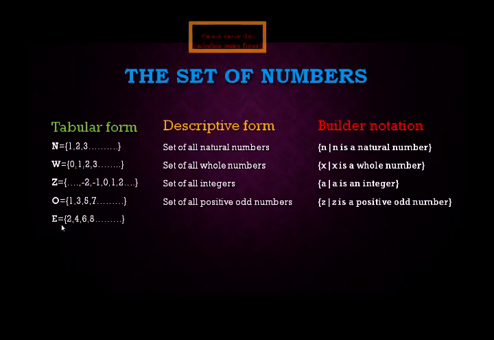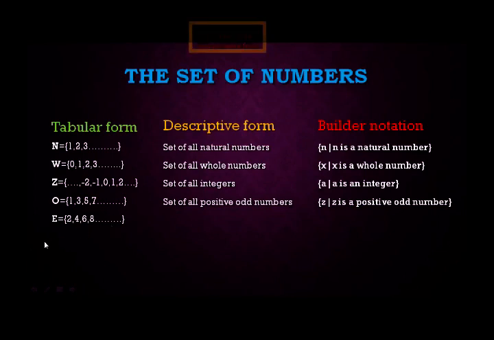Now, E equals to {2, 4, 6, 8}. E represents even numbers. Even numbers are the opposite of odd numbers. Odd numbers are not divisible by 2, but even numbers are divisible by 2. Like 2, 4, 6, 8, 10, 12, 14, 16, 18, 20.